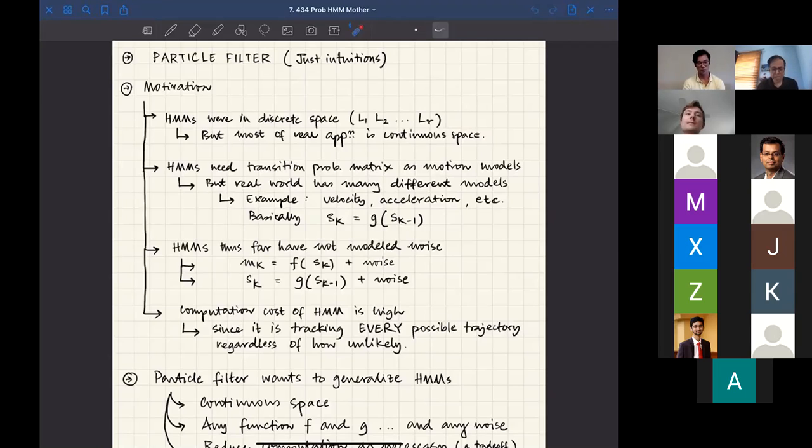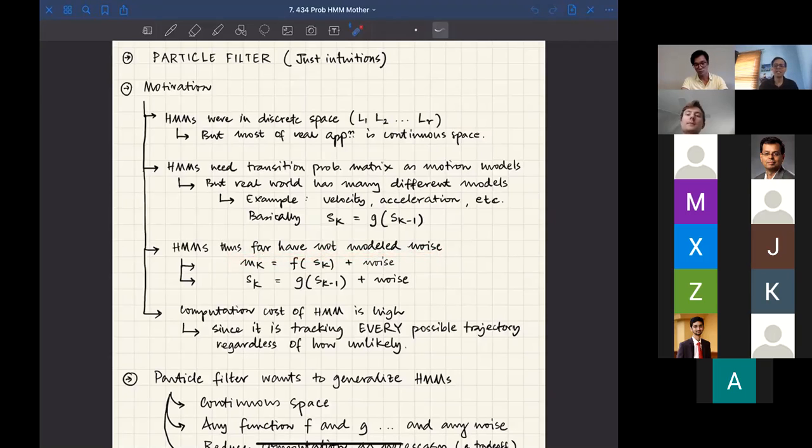So more generally, I can say I have Sk, which is a function of Sk minus 1. And I want to be able to design Bayesian inference for any given function G. Right? That's a nice relaxation, a generalization of hidden Markov models. Another point is HMMs thus far have not modeled noise.